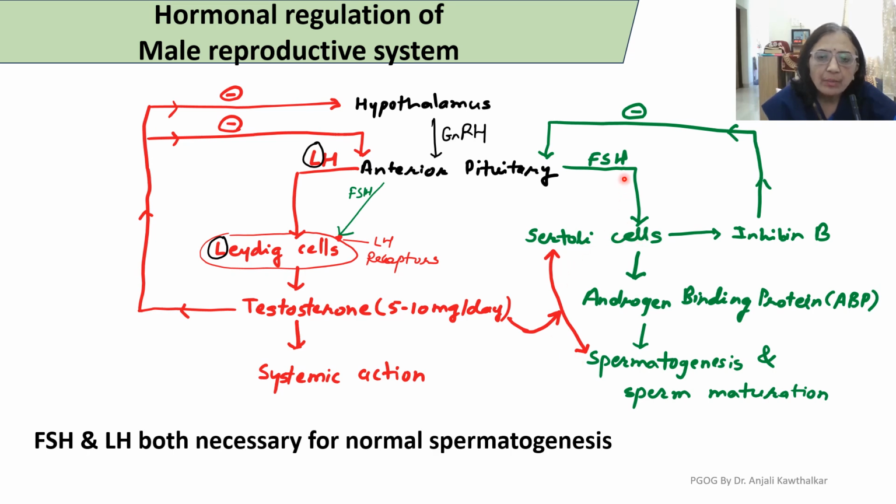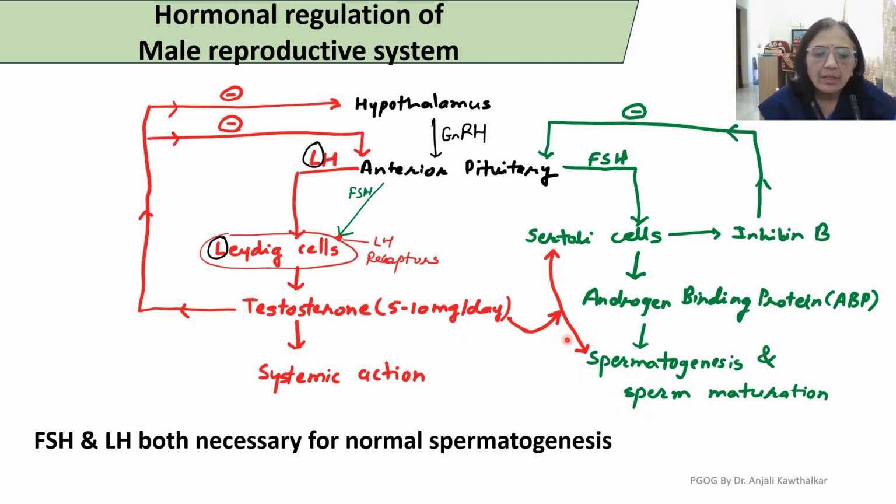Sertoli cells, under FSH, secrete inhibin B, number one. Second, the substance secreted by Sertoli cells is androgen binding protein. Under the influence of this androgen binding protein, testosterone can act on the Sertoli cells for spermatogenesis as well as for sperm maturation.